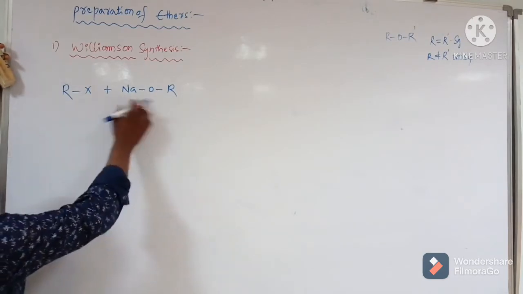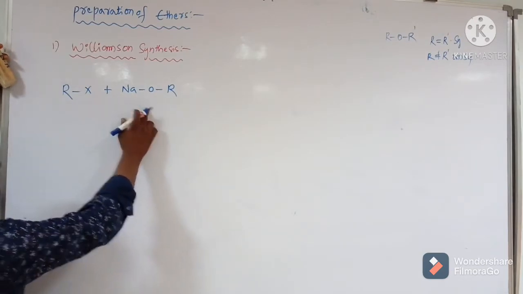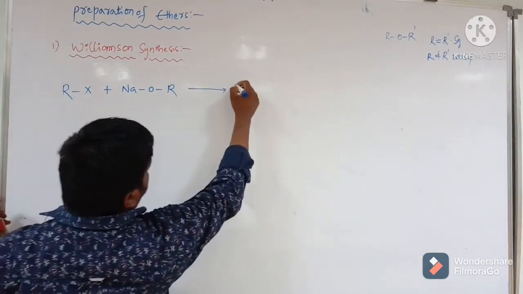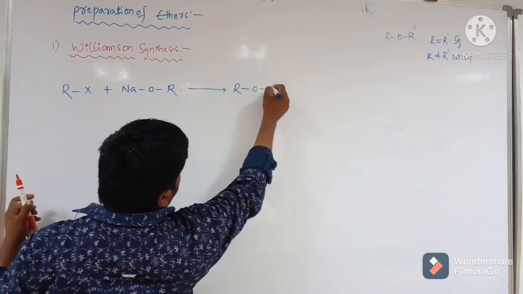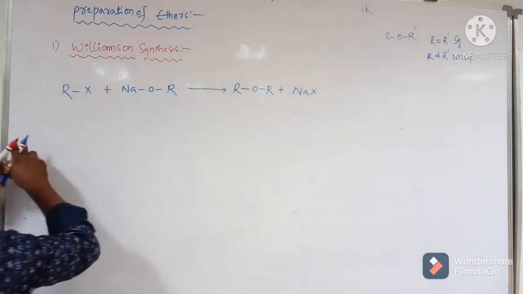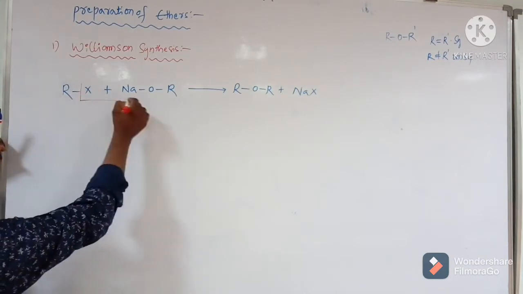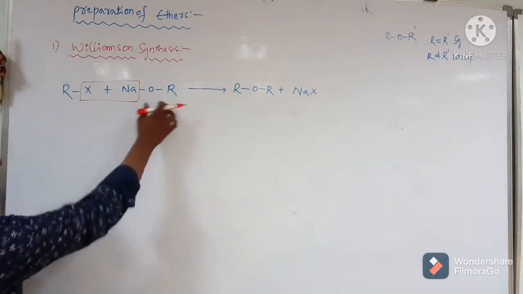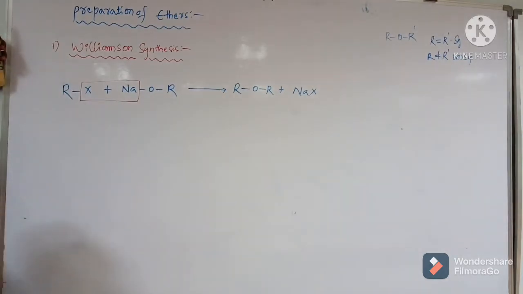Alkyl halide reacted with sodium alkoxide gives rise to ROR plus NaX. By the removal of X and Na in the formation of NaX, ROR remains. So this is a simple reaction for the Williamson synthesis.